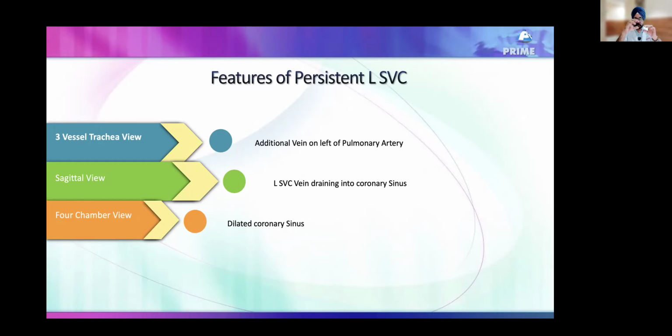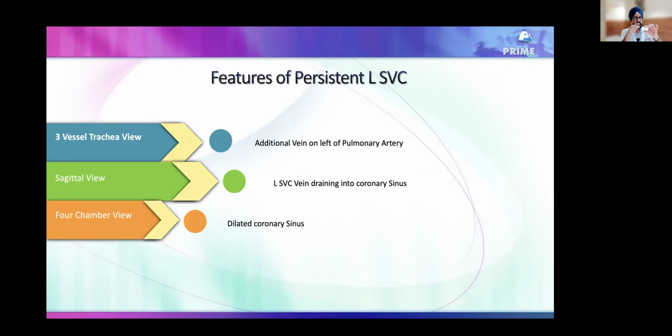It is a little posterior, so don't expect it to be present at the same level. It goes posteriorly to enter the mid of the heart, not the anterior, and drains into the coronary sinus.